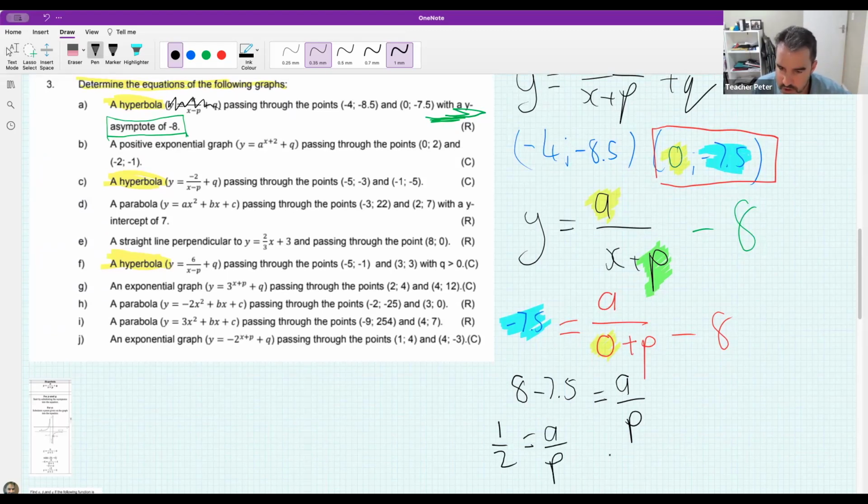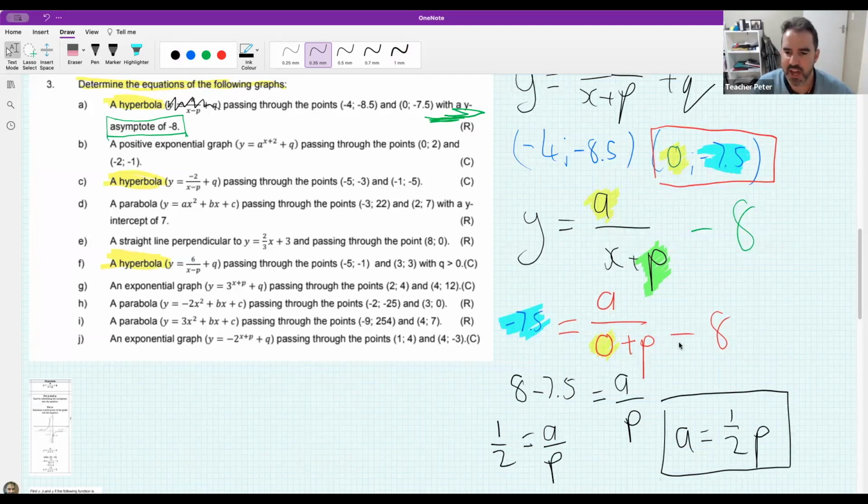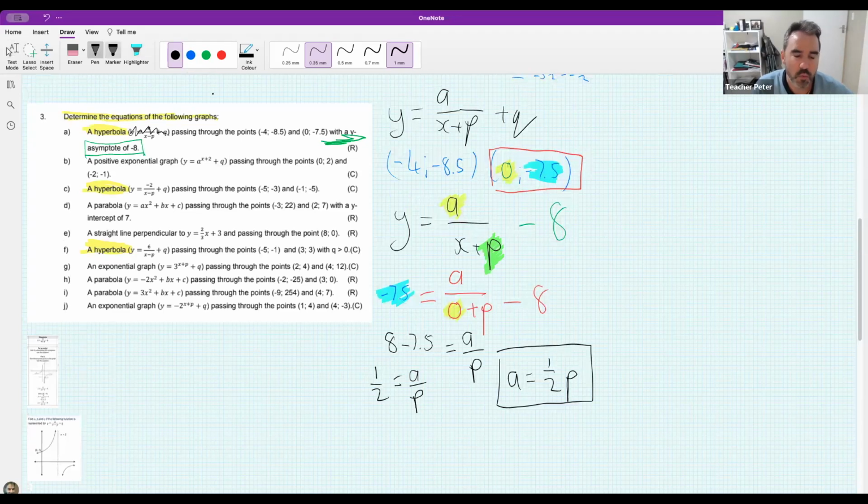Then I'm going to move the p to the other side, and I get a is equal to a half p. Give me a thumbs up if you follow that part, where I moved the 8 to the other side. It became a positive 8. And then I move the p here, and I get this equation.